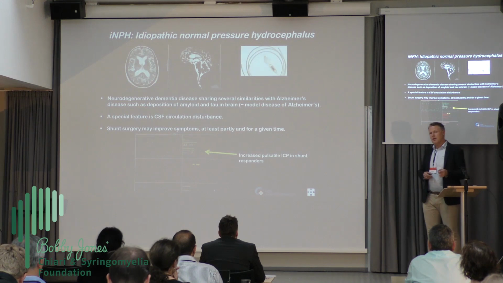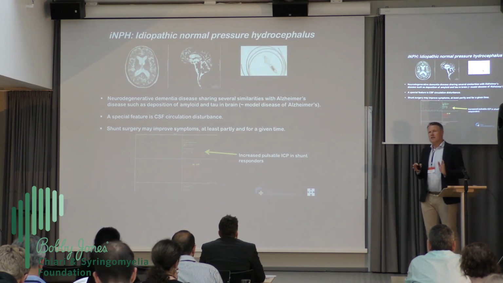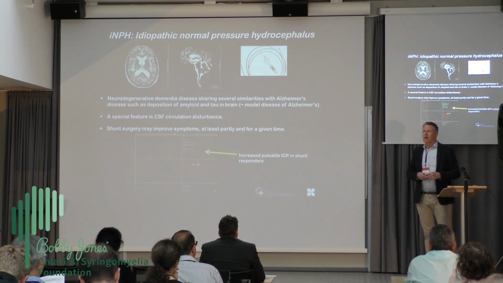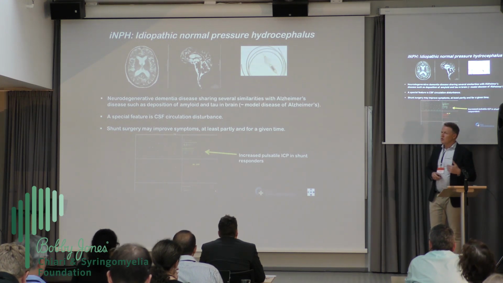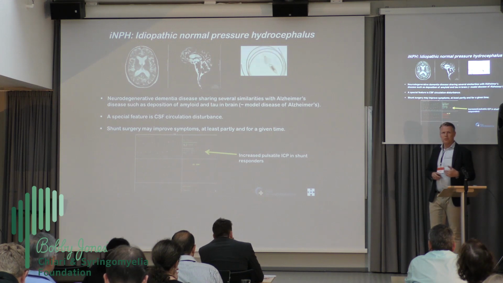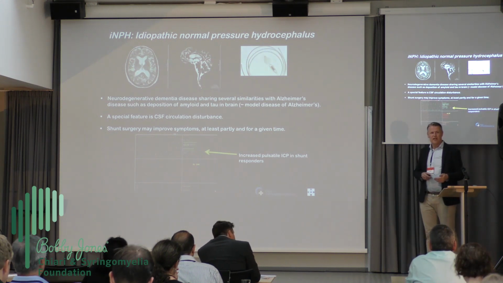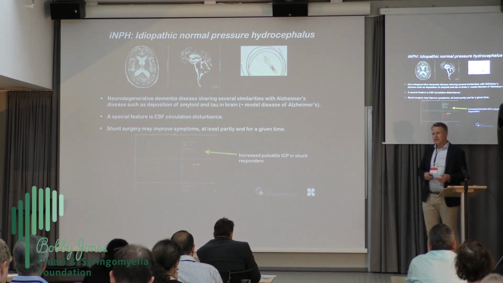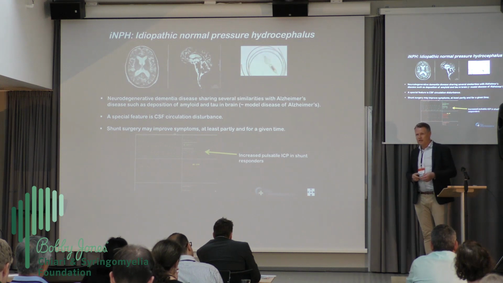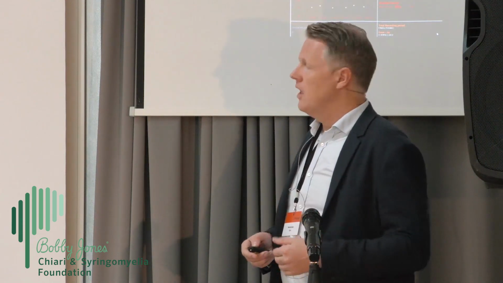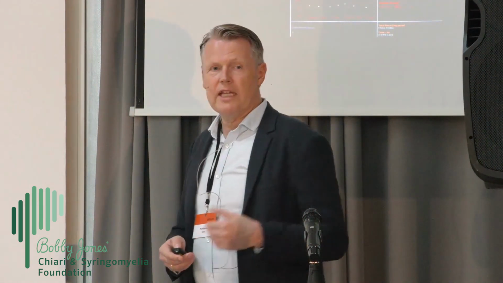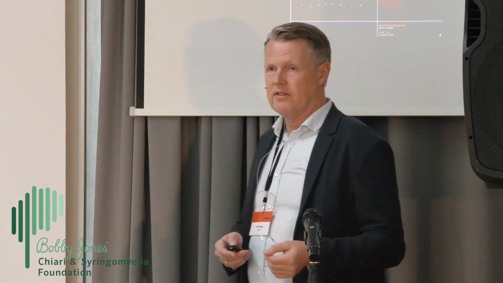So in several respects, it's a model of Alzheimer's disease. Of course, not in all aspects, but what we see in these patients is accumulation of amyloid and tau within the brain, in the extravascular space of the brain of these patients. So they share several similarities, but it's also for sure different.